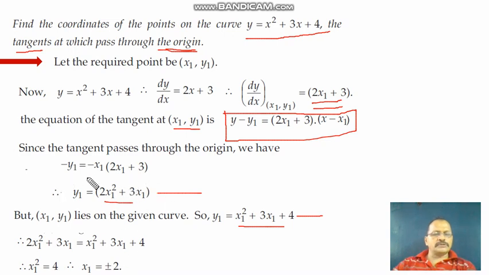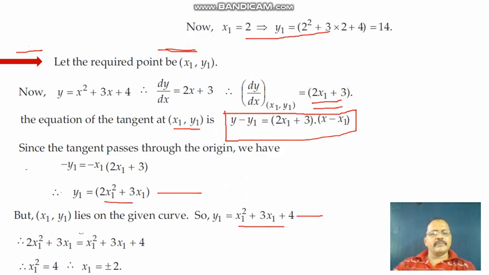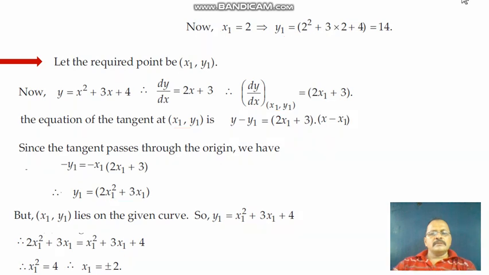Now we have to use this and find out the values of y1. Since there are two values for x1, there will be two different values for y1. Let us erase these two lines. Since x1 is equal to 2, that implies y1 is equal to 2 square plus 3 into 2 plus 4, putting it here, and we get corresponding value of y1 is equal to 14.